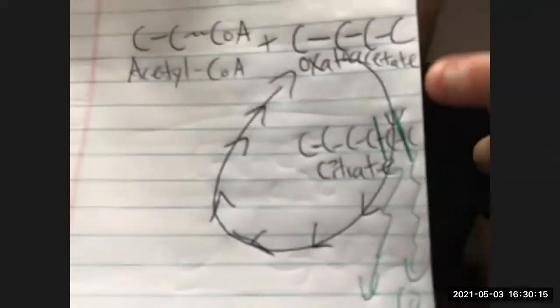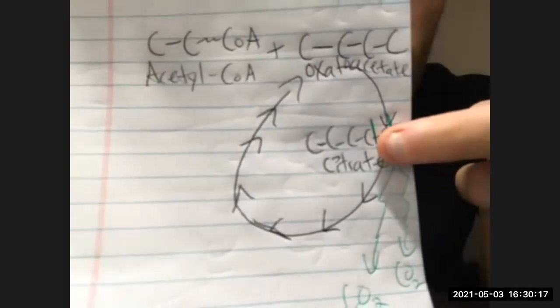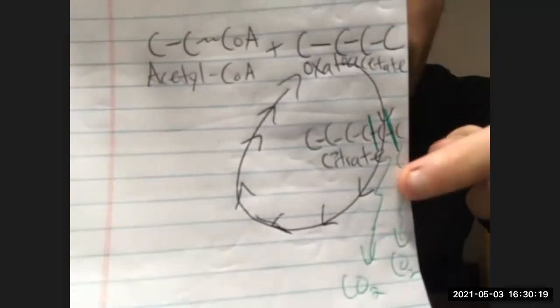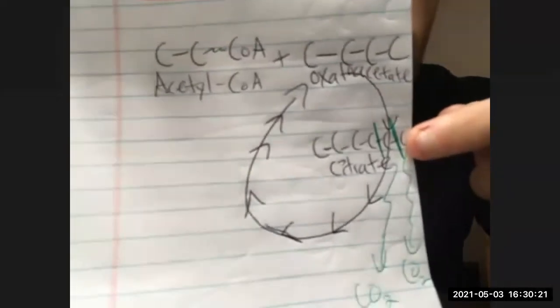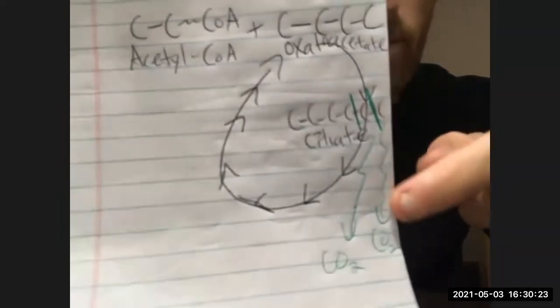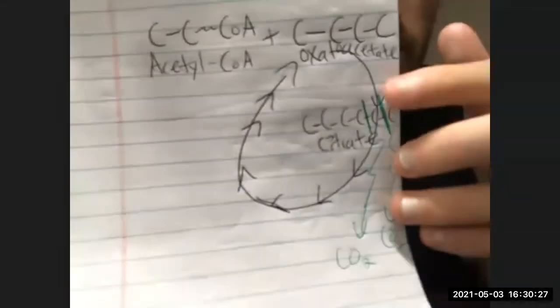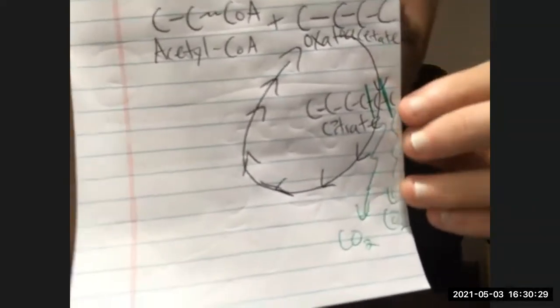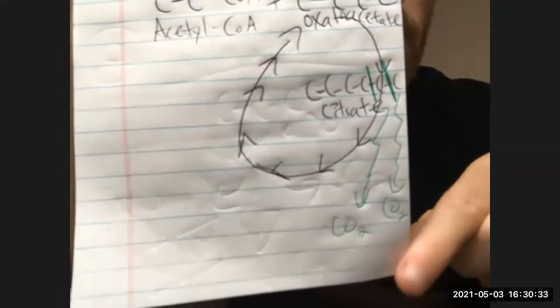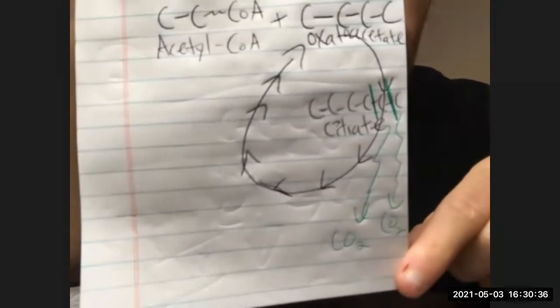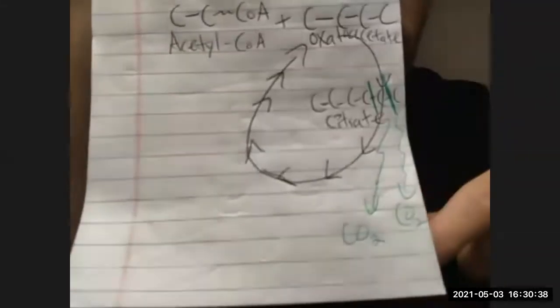I just cleaved these 2 covalent bonds, I broke them. Those carbons with 2 oxygens bound to them, I didn't draw that in, but they're there. In 2 of these steps, we're going to get a CO2. So we end up getting 2 CO2s in one turn of the cycle, right?